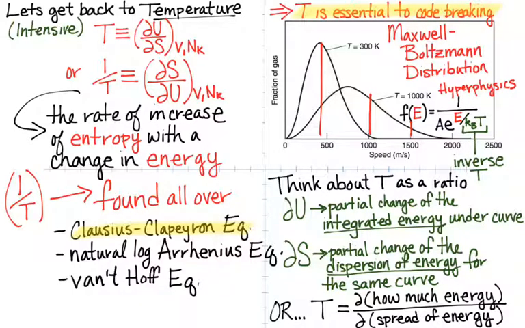Inside of the solar field, we're dealing with photons, which have no mass, and so have no functional speed the way that we would think of the speed of a gas molecule. So I want you to think about those things as you move forward. The mathematical definition of temperature is quite unique, and it links together energy and entropy. And that's really a fundamentally amazing thing about a single property inside of the world of thermodynamics.